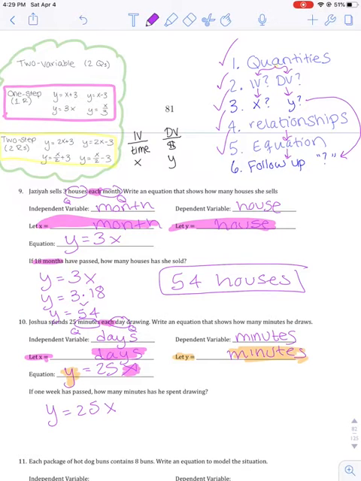And now for the follow-up question, I need my equation and I need to know what X and Y represent. So they say 1 week. Well, that's a little confusing because week is not one of my variables. If 1 week has passed, but I bet I can use that information to find how many days have passed.